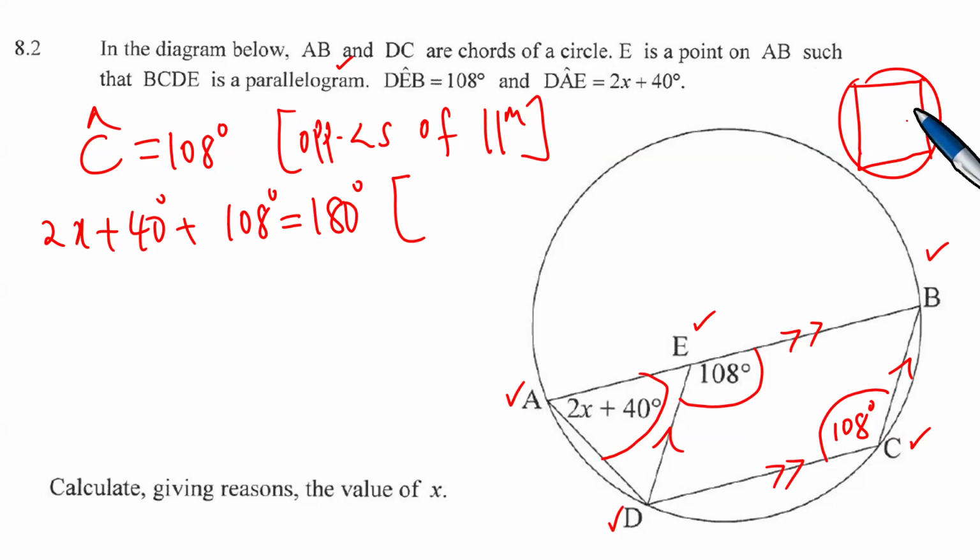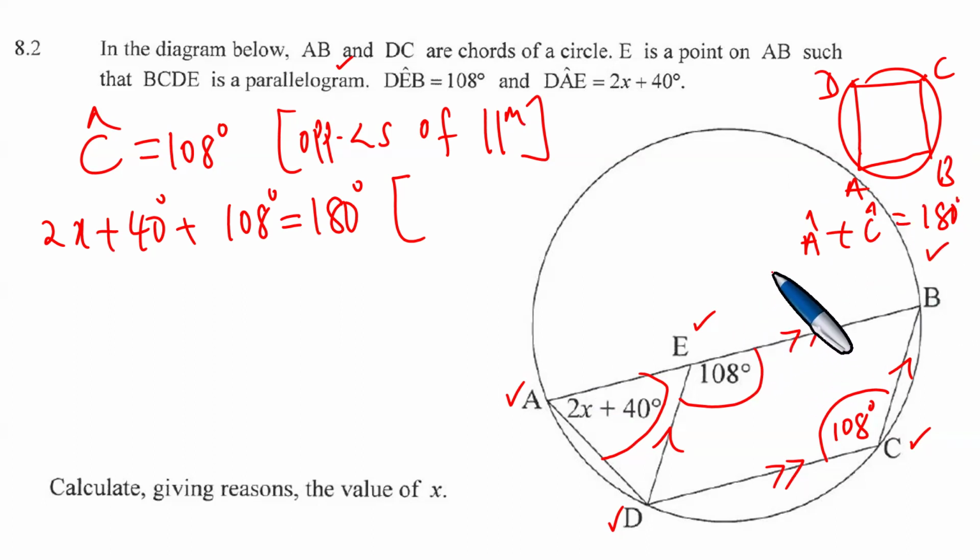If we have a quadrilateral whose vertices are on the circumference of a circle, then the opposite angles are supplementary. Angle A plus angle C must always be 180 degrees.